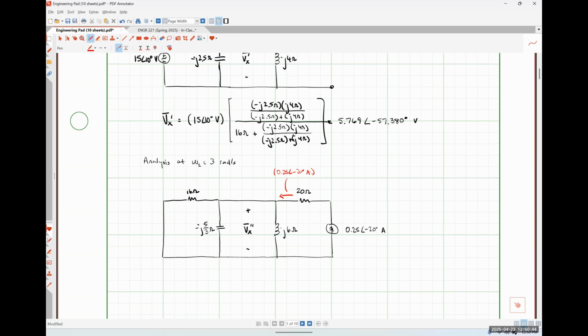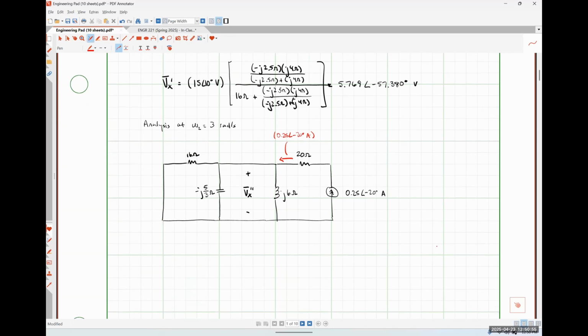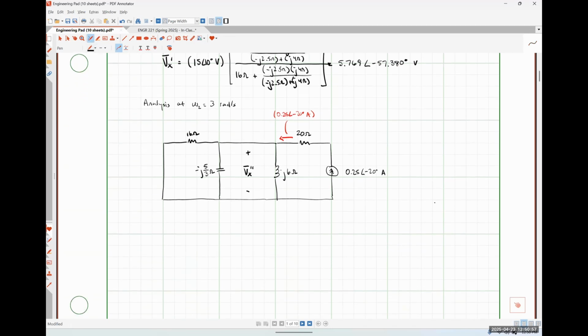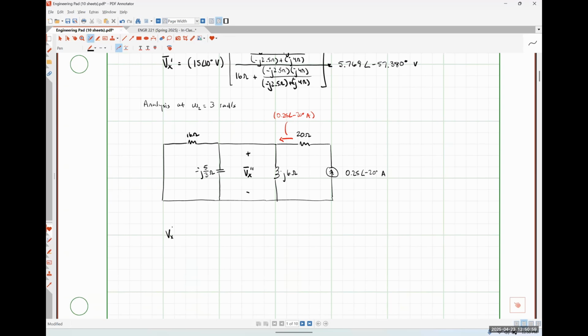Okay, so that's what I'm going to do, because current division is just going to make it take one more step, and I'm rather lazy or efficient, whatever way you feel like interpreting that. So I believe Vx double prime will be equal to 0.25 angle negative 20 degrees amps. That's our current.